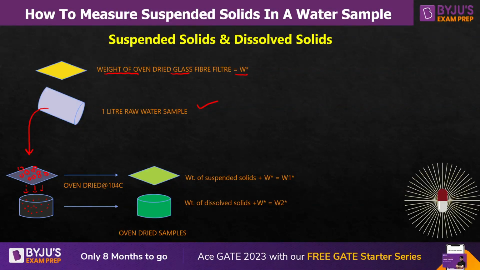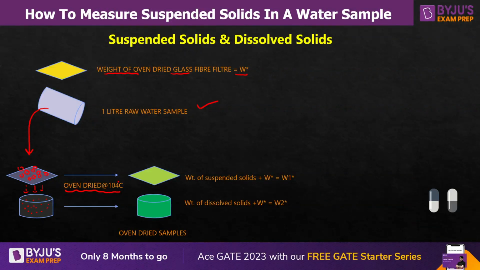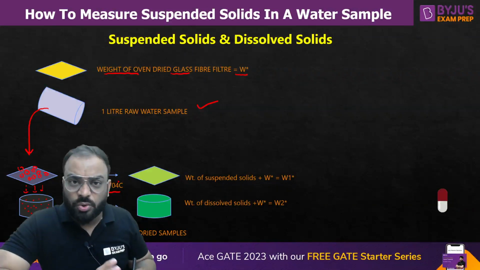Now again, you need to put both the samples in the oven at 104 degrees centigrade. The temperature will remain same. You need to put both the samples in the oven at 104 degrees centigrade. Then what will happen guys? After oven drying it, you can see here we will get two things.